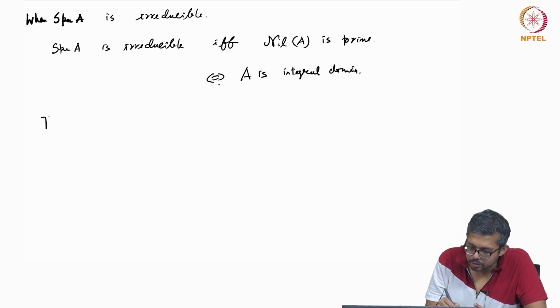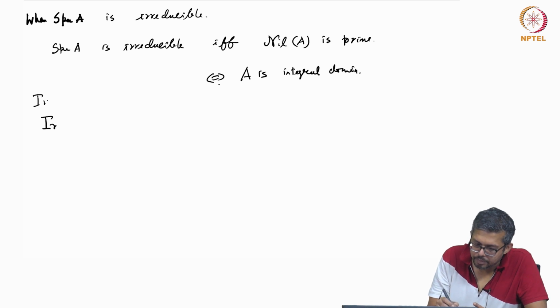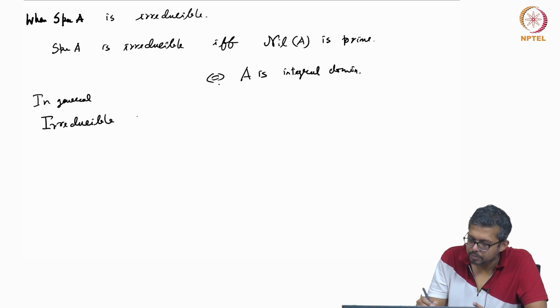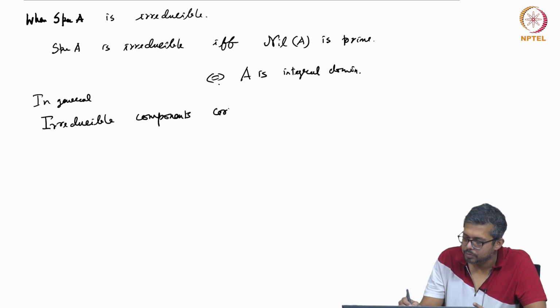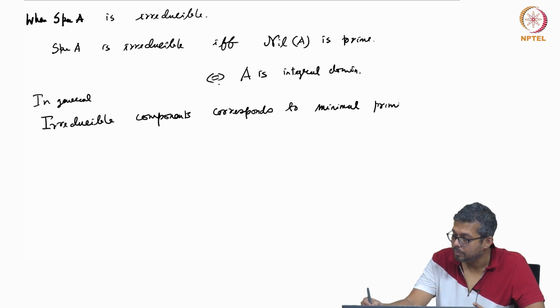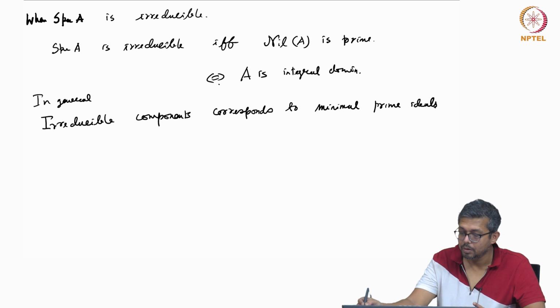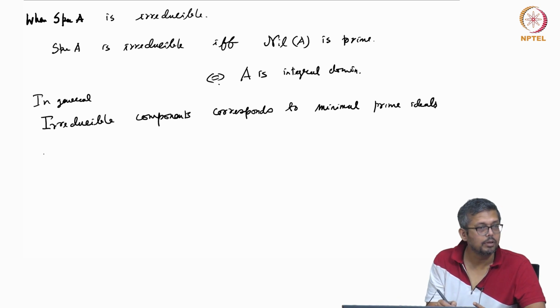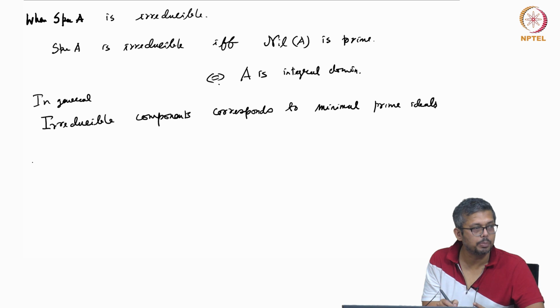And in general, irreducible components correspond to minimal prime ideals. And when A is Noetherian, that means Spec A is a Noetherian topological space.